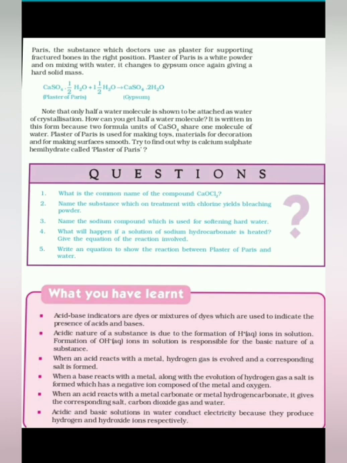So this is about the salt gypsum, which contains 2 water molecules. When it is heated at 373 Kelvin, it becomes plaster of Paris, and when this plaster of Paris is mixed with water, it will again form gypsum, that is CaSO4.2H2O.